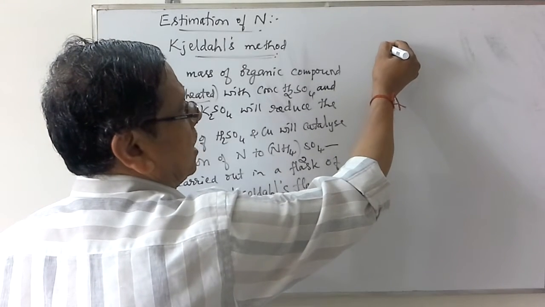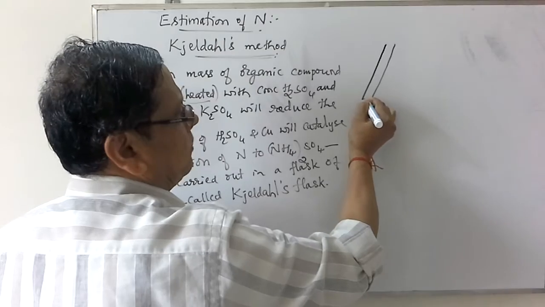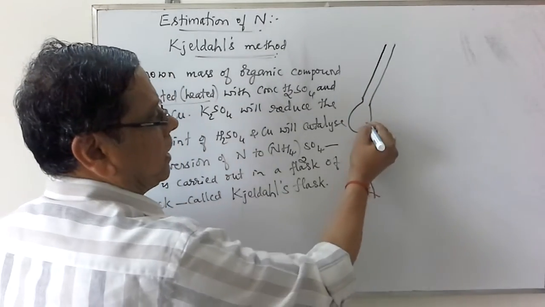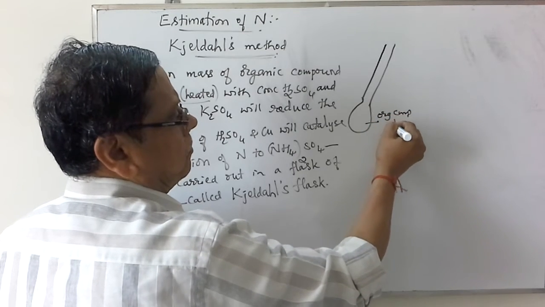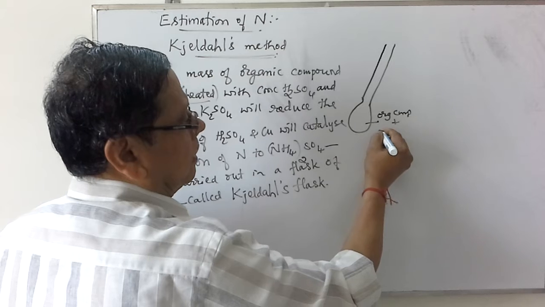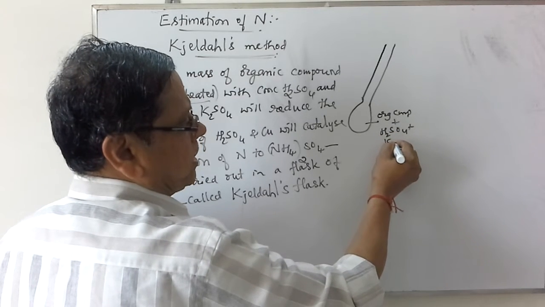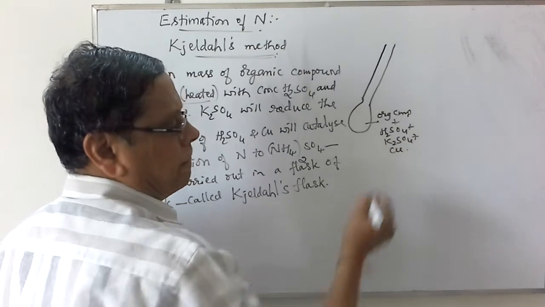Assume that this is the Kjeldahl's flask. It is having a long neck, having a bulb at the bottom like this. We have to take the known mass of organic compound in this Kjeldahl's flask, along with concentrated H2SO4 plus potassium sulfate plus some copper turnings.